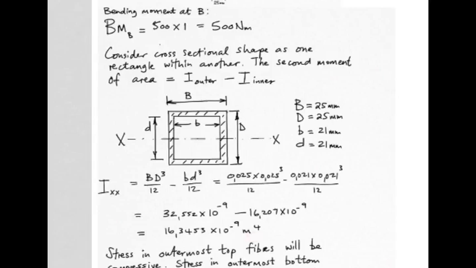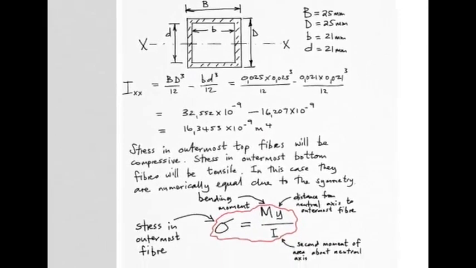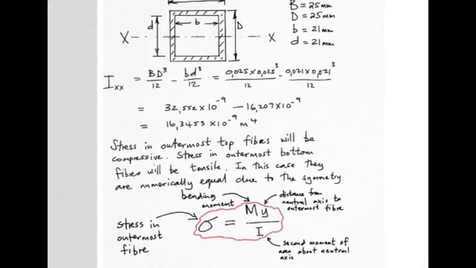Okay, now for the first time we're going to apply the formula for bending, and here it is here. Sigma is My over I. Probably one of the most important formulae you're going to learn in this course. What it amounts to is the stress in the outermost fibers will be this much, sigma.